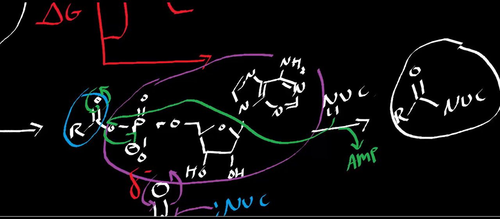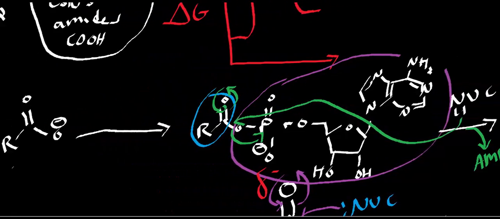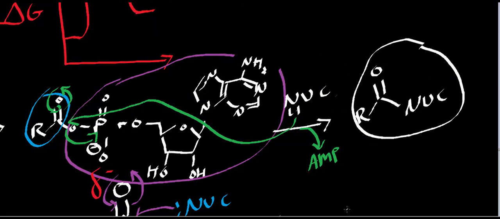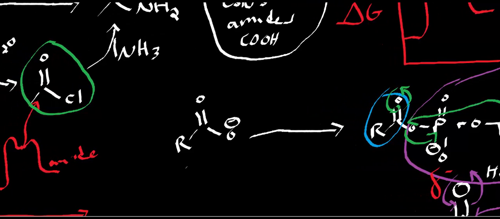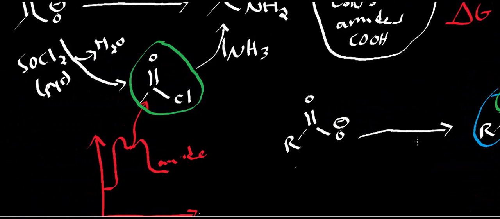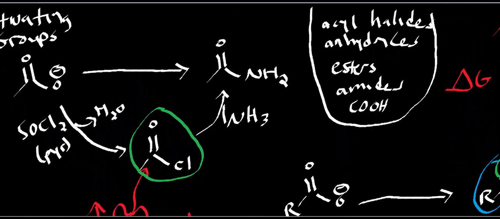In the context of this reaction, first I activated it with an AMP, and then I hit it with a nucleophile, and it was relatively easy for the nucleophile to hit it. And so now I raised it up in energy, and then I reacted it. And so essentially what we just did is what you did back in organic, right? You couldn't just react your carboxylic acid.